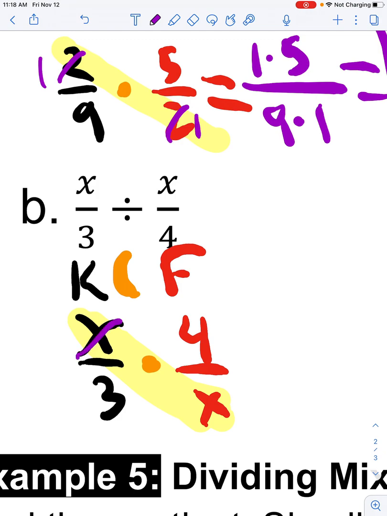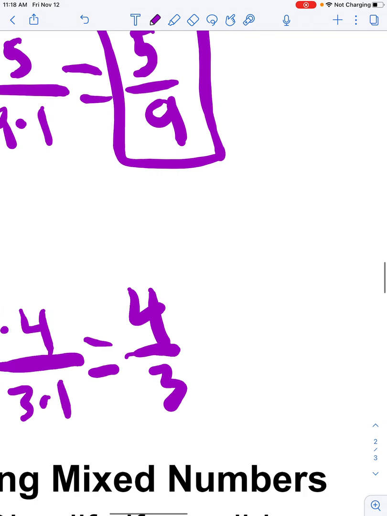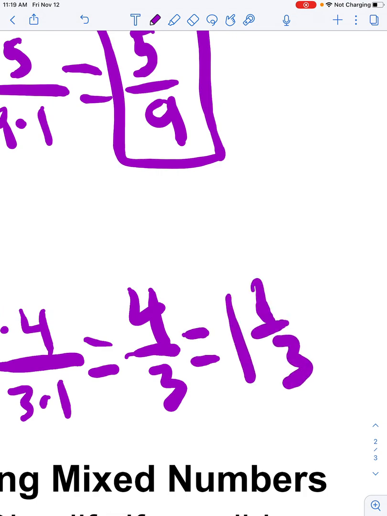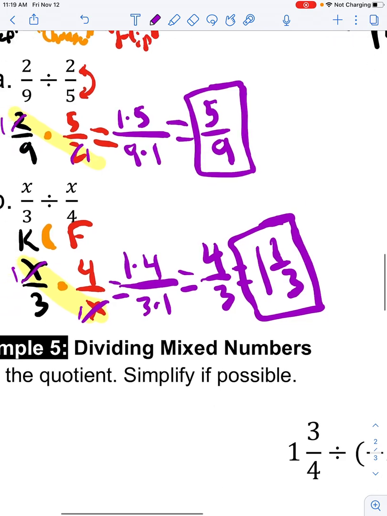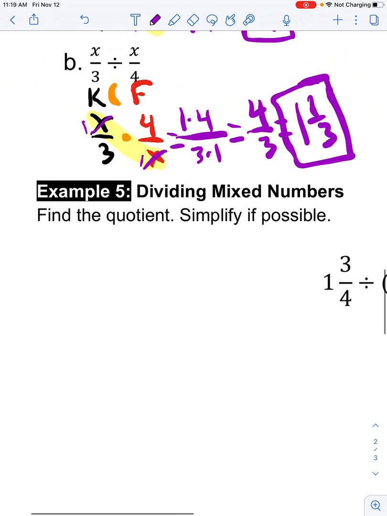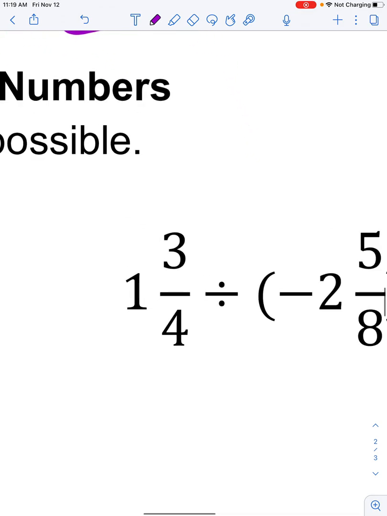So once again, when I look diagonally, I see I've got x divided by x. Well, x divided by x is going to cancel each other out. So this is just a 1. So 1 times 4 over 3 times 1 gives me 4/3, which is going to equal 1 1/3. We don't want to leave it as an improper fraction.